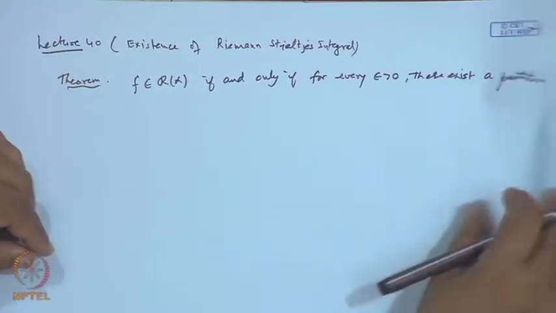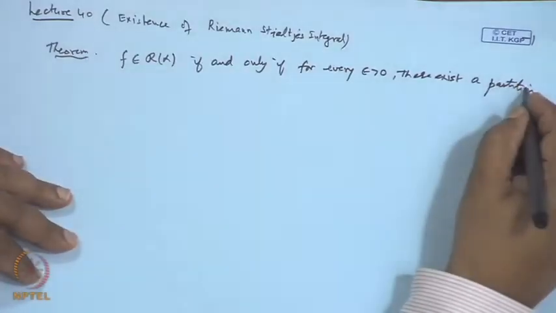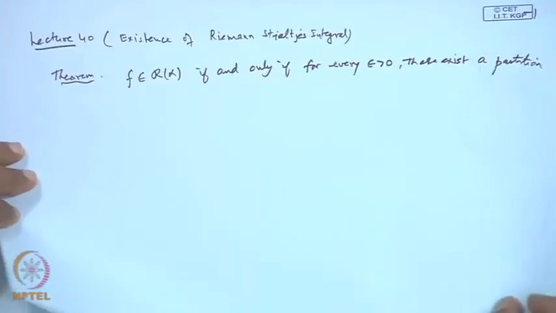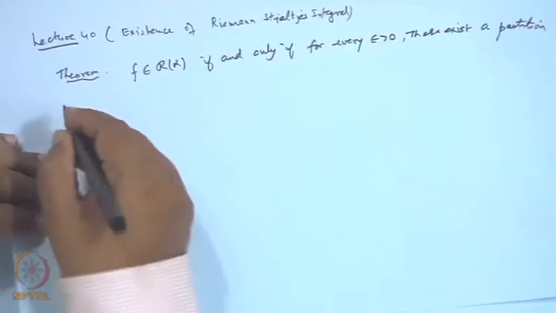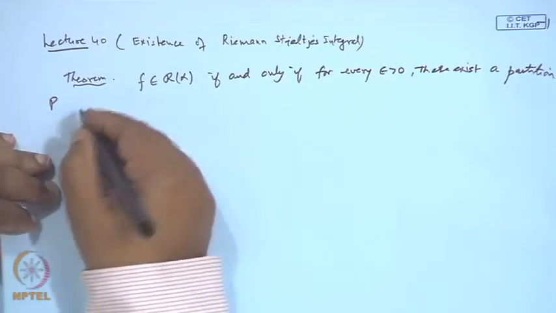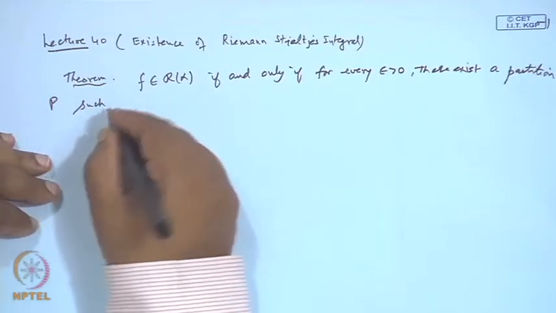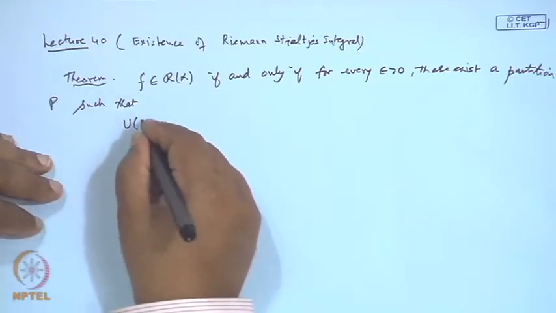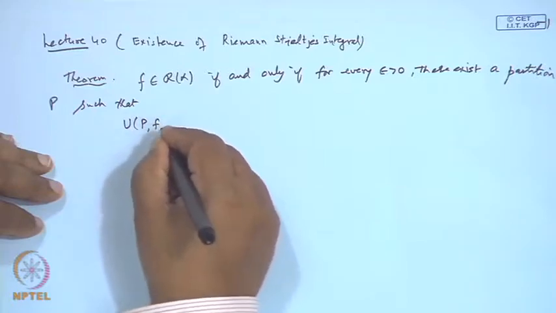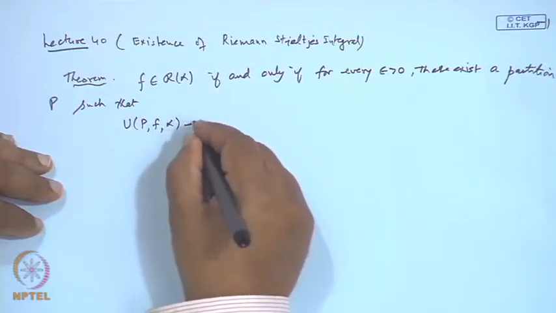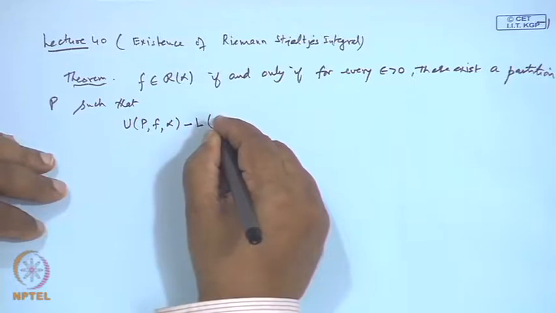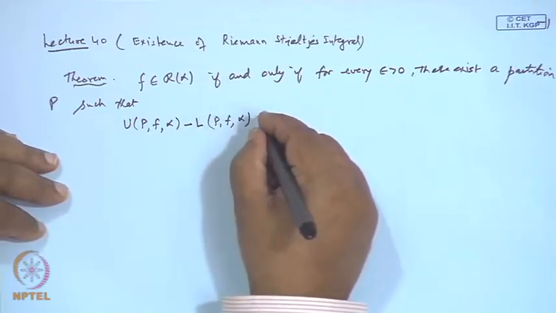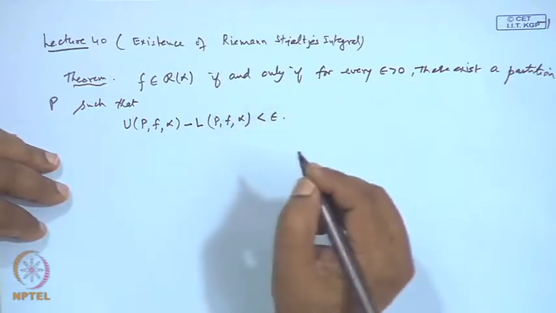there exists a partition P such that the upper sum of the function f with respect to alpha minus the lower sum of the function f with respect to alpha over this partition is less than epsilon.